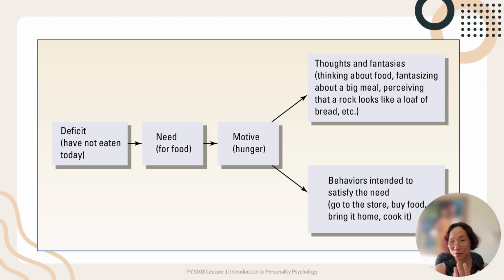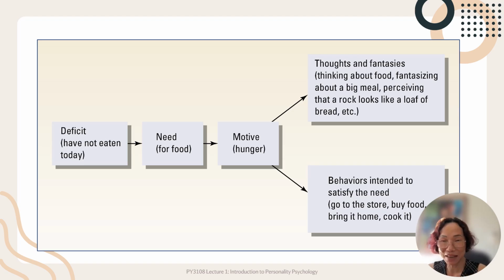So we can have different ways to deal with it. One is thoughts and fantasies, thinking about food and fantasizing about a big meal, perceiving that a rock looks like a loaf of bread or a fish. So this is one way to satisfy the need.